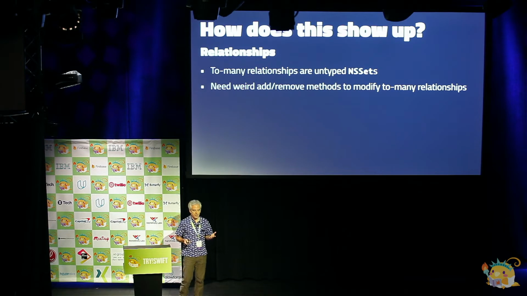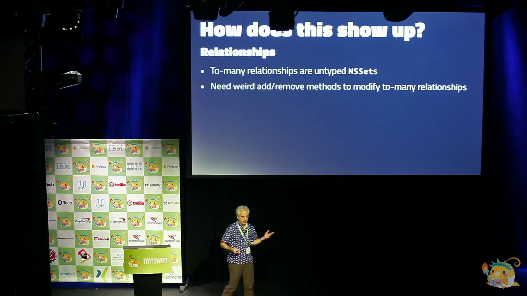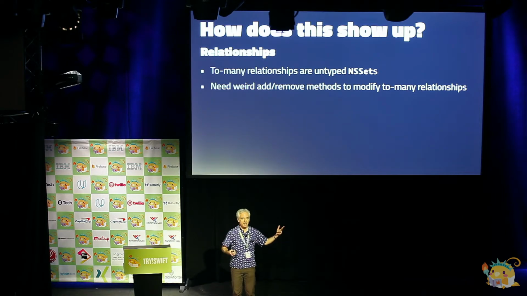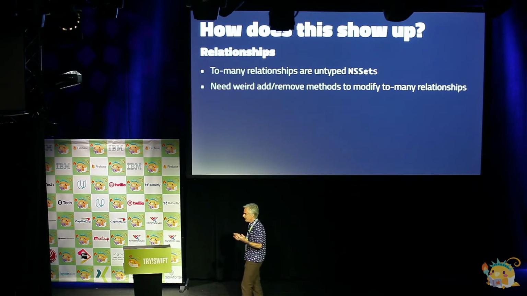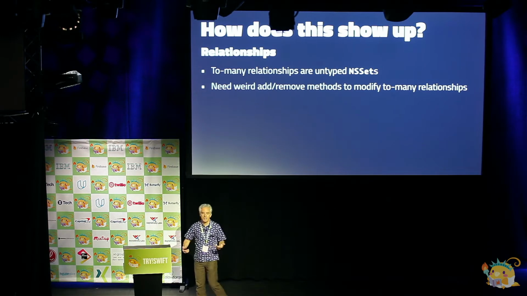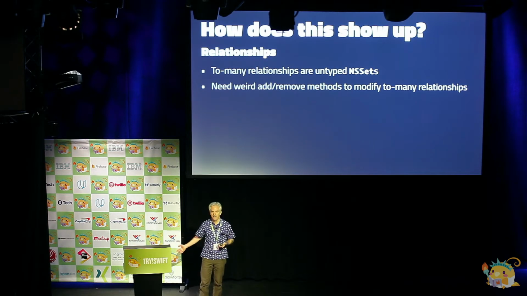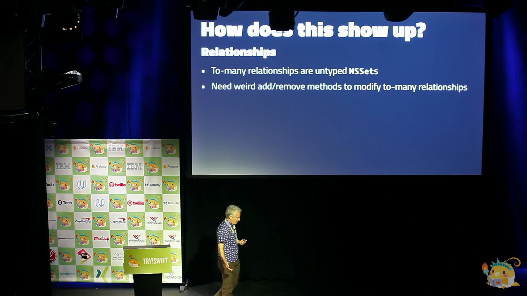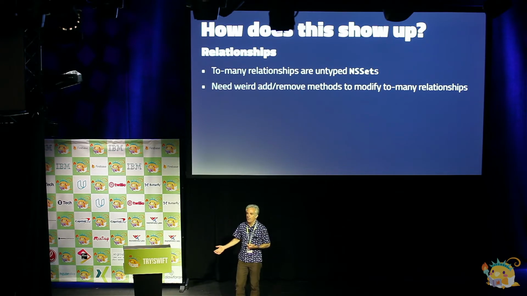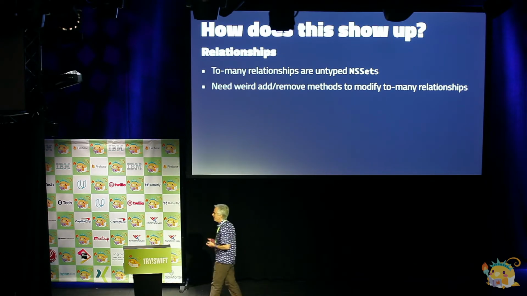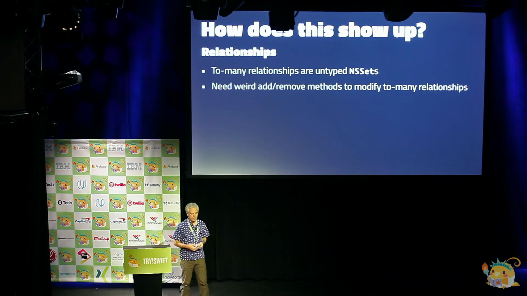And finally, in terms of relationships between your model objects, Core Data will represent your to-many relationships as an NSSet, which is a Foundation class which can contain anything. It's not typed at all, which is a bit of a pain if you're used to writing code in Swift, where you have nice typing for everything to help keep your data types straight.